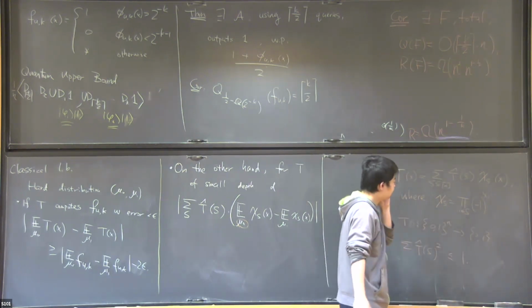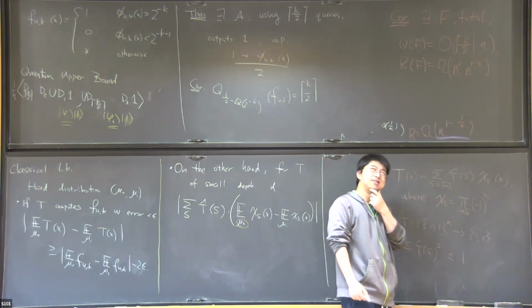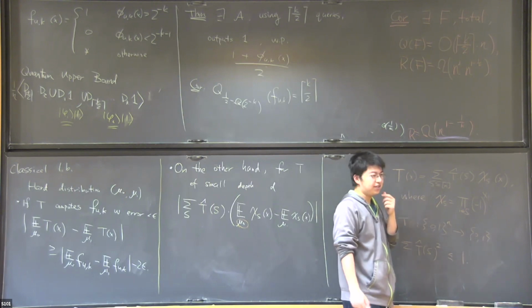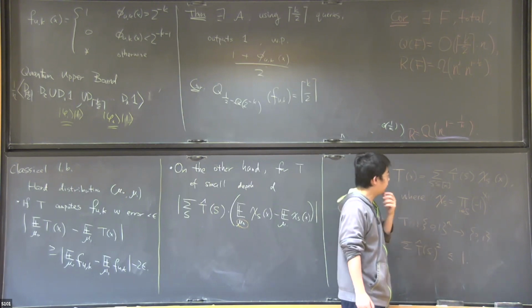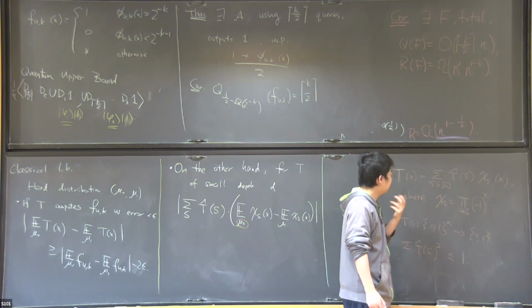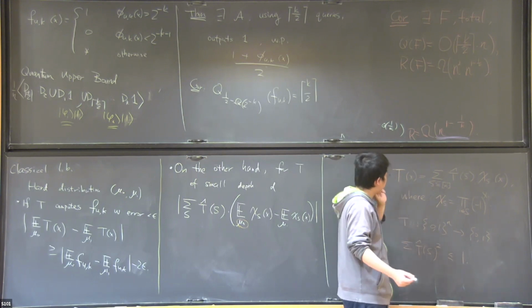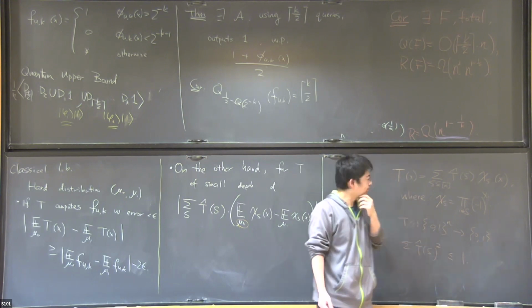Well, this is because the characters form an orthonormal basis for the space of the functions.